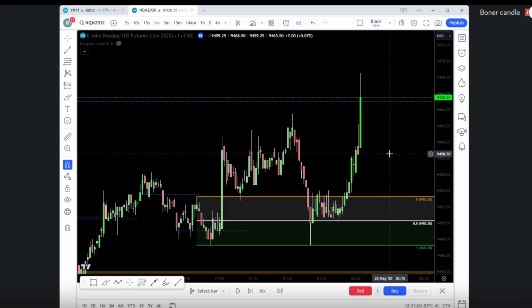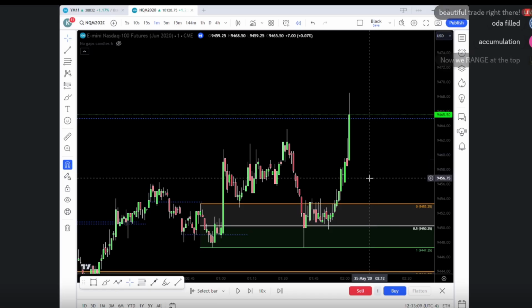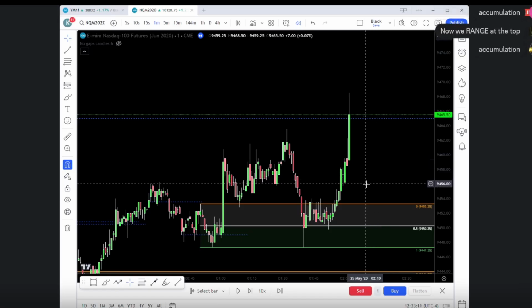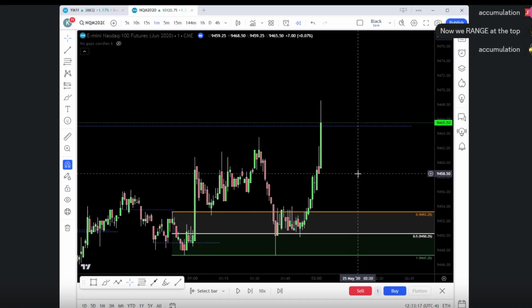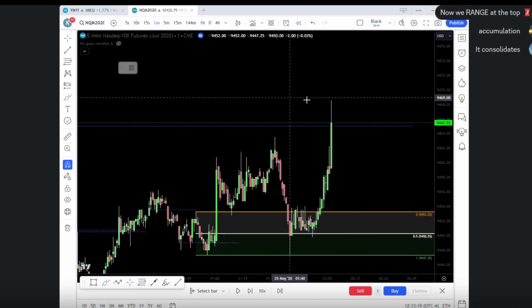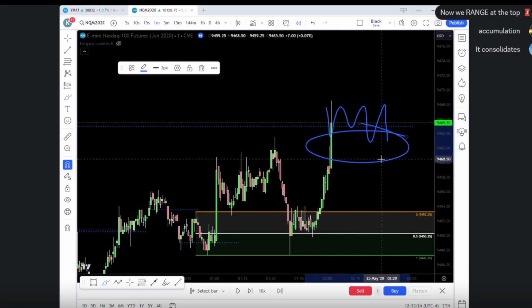What happens now? Accumulation. That's right. Can we range here and have this considering tapped back into the range?